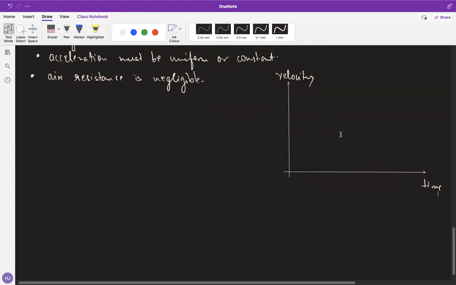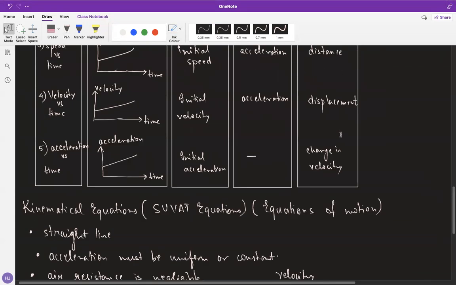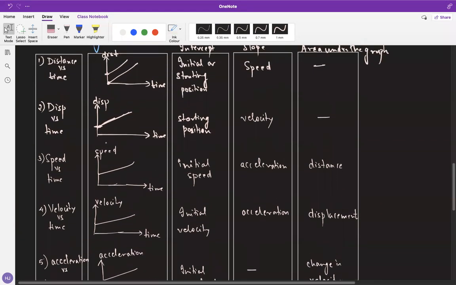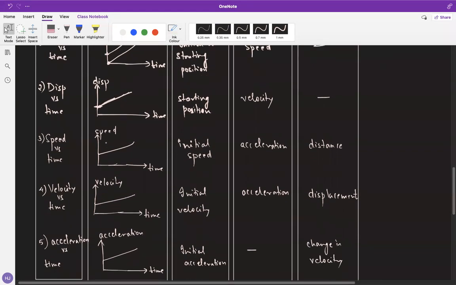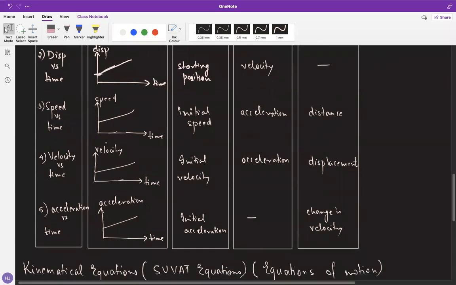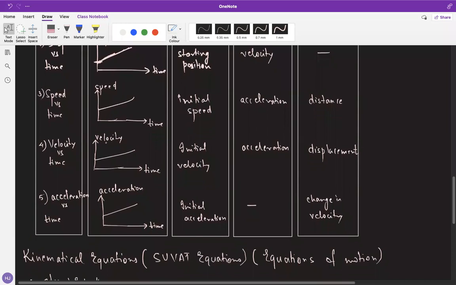The primary reason we are considering velocity versus time only for the derivation is that it's only speed versus time or velocity versus time which gives us all the information about speed, acceleration, distance, displacement. You take intercept, slope, or area under the graph, everything can be extracted from these graphs.